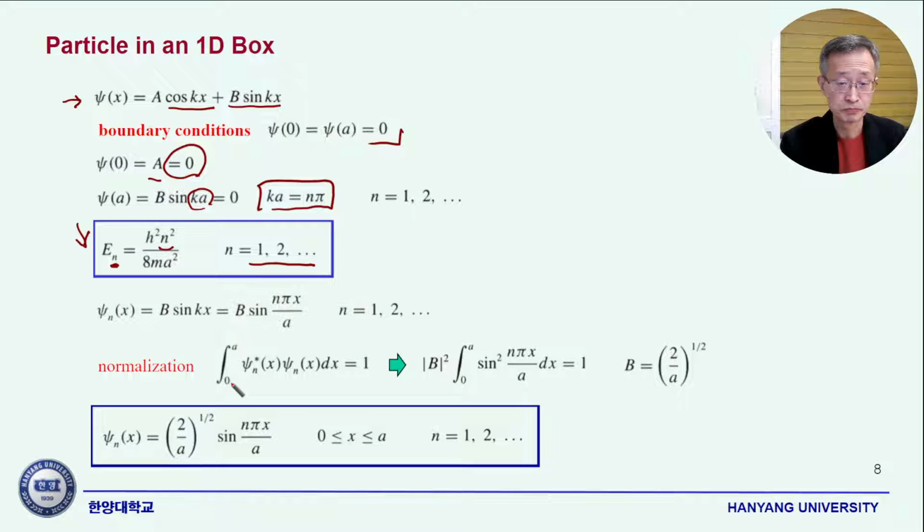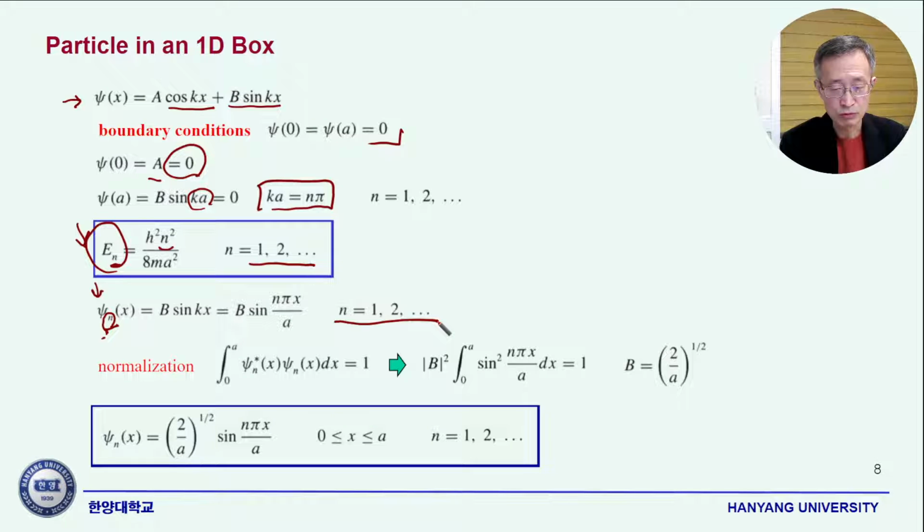Given the quantum number, and given the energy, we obtain a wave function, which is also indexed by the quantum number. So psi n of x is B sine kx, which is B sine n pi x over a, where n is the quantum number.